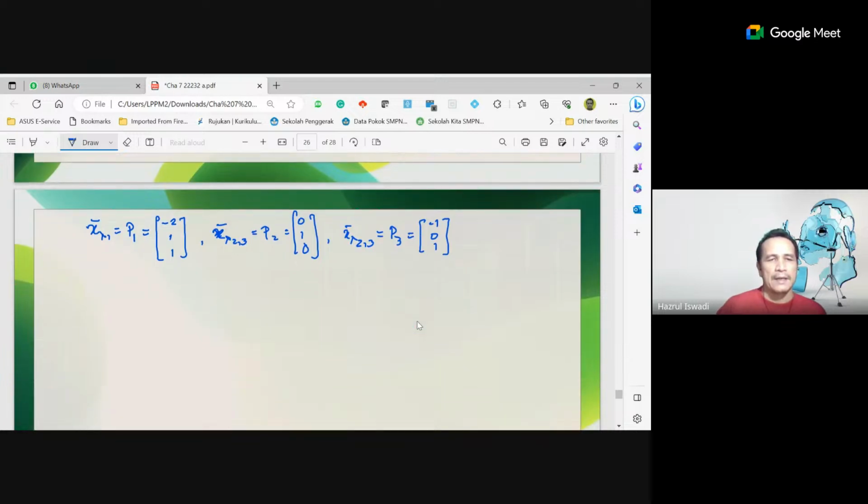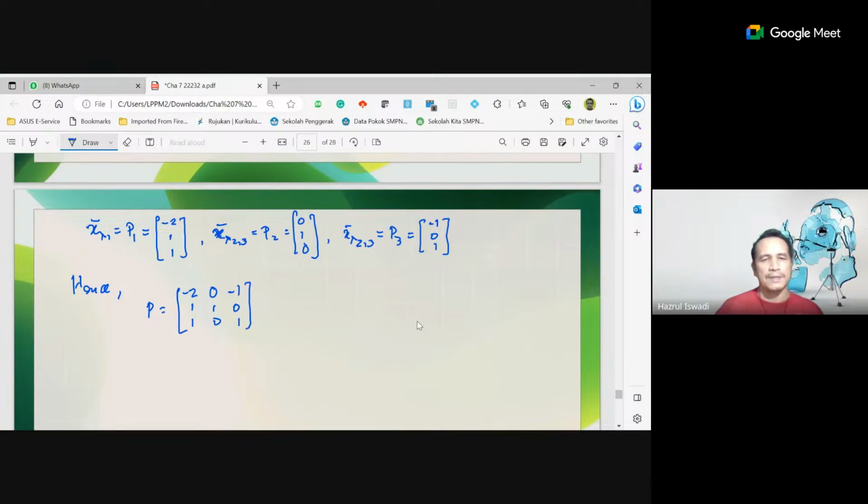Hence, we have that P is equal to the matrix with columns (-2, 1, 1), (0, 1, 0), and (-1, 0, 1).